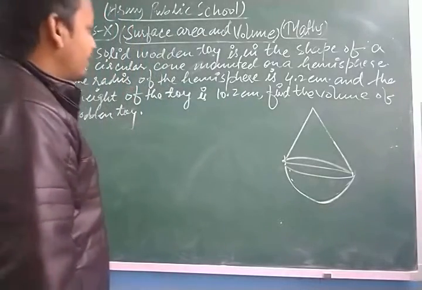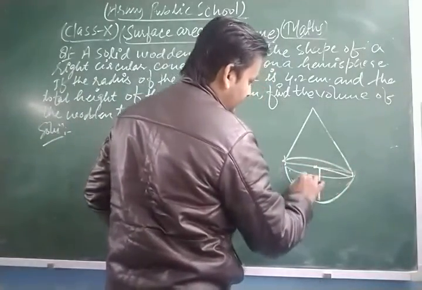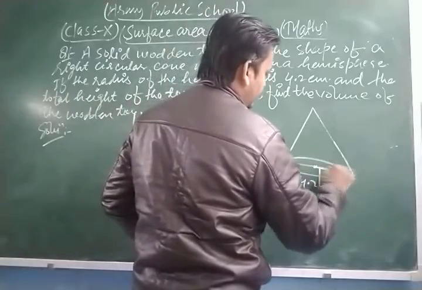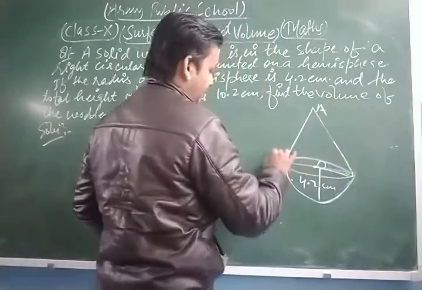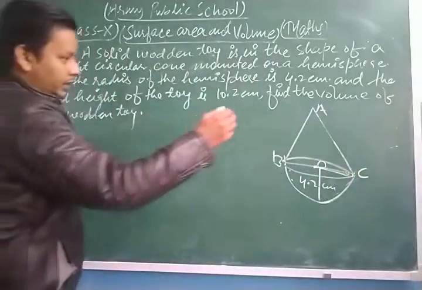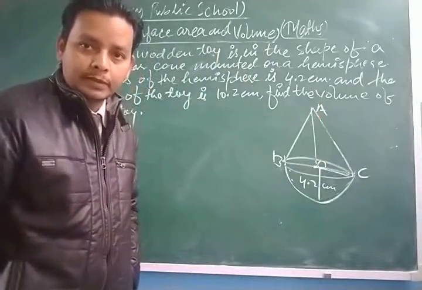If the radius of the hemisphere is 4.2, okay. So this is the radius of the hemisphere and this is also the height, 4.2 centimeter, and this is O, A, B, C. OC, the radius of the conical portion, is the same as the radius of the hemispherical portion.